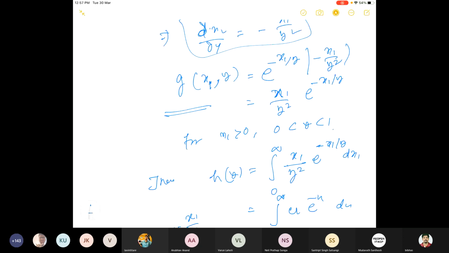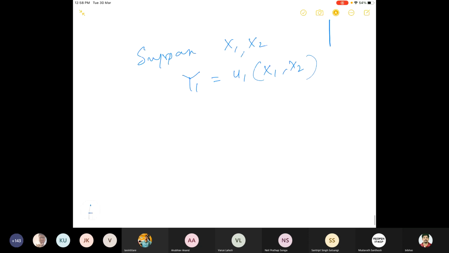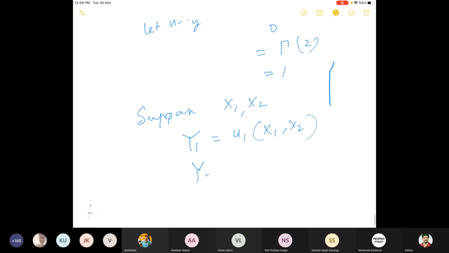Now, finally, let's say x1 and x2 are two random variables whose PDF we know, and suppose y1 is a function u1 of x1, x2, and y2 is a function u2 of x1, x2.